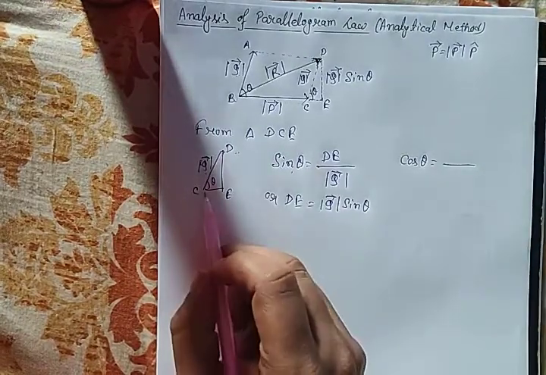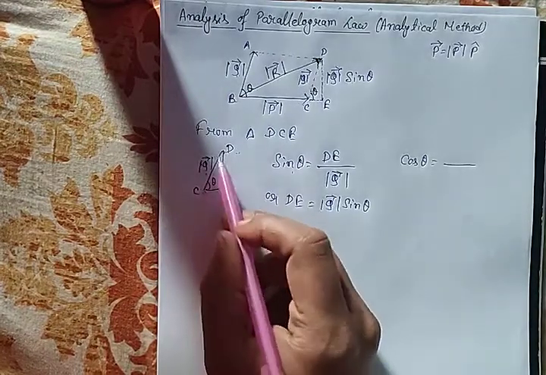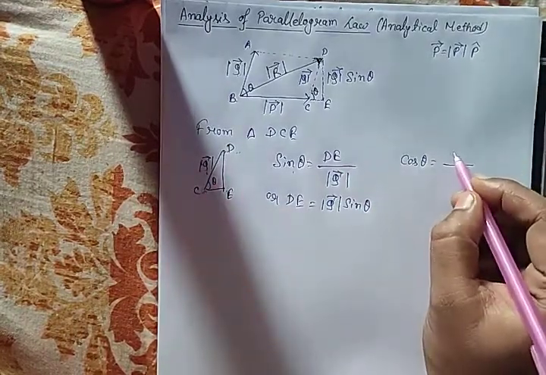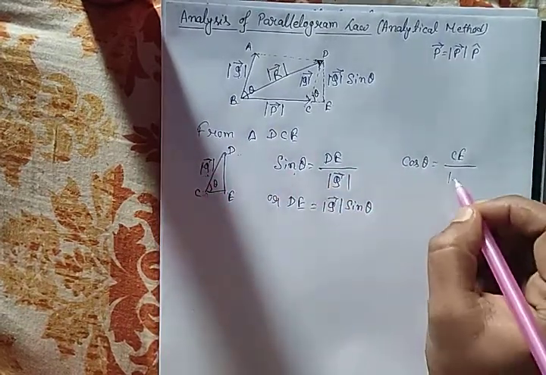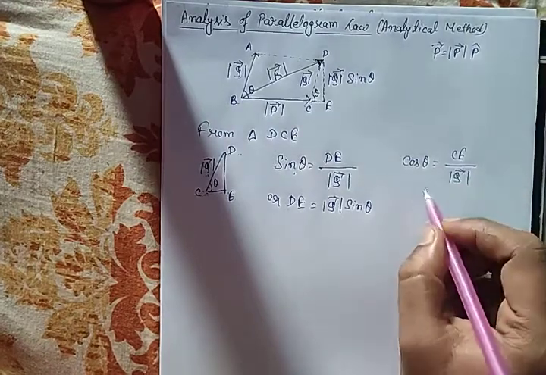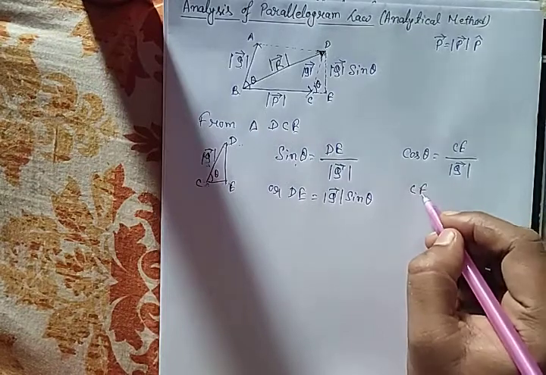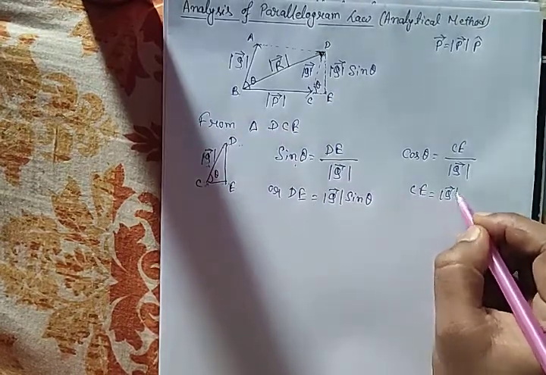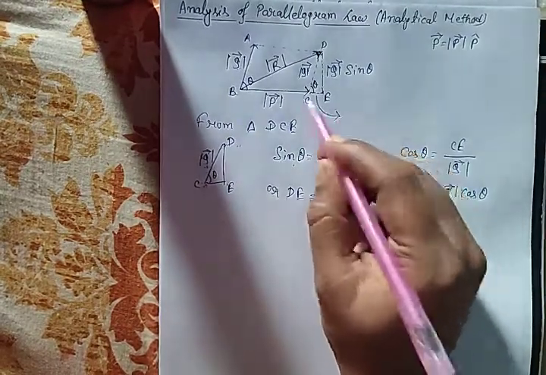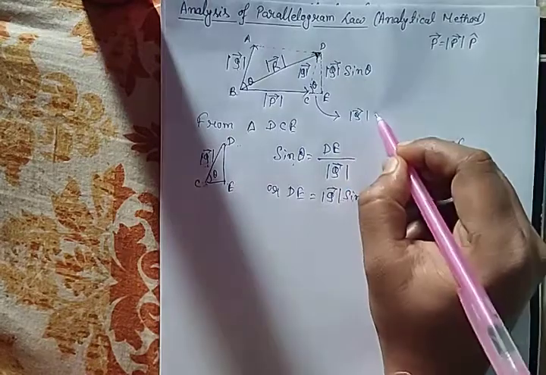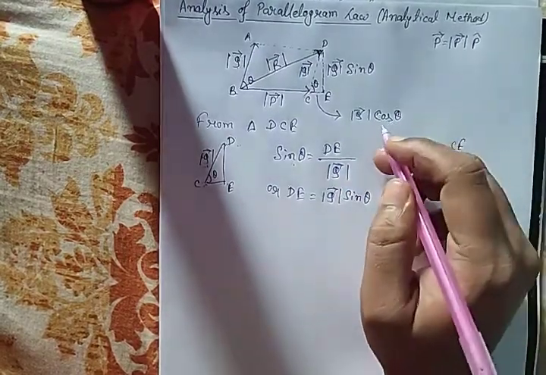The base is CE, and the hypotenuse is CD, and the value of CD is mod Q. So cos theta is equal to CE by mod of Q. Cross multiplying, CE is equal to mod Q cos theta. So we found out the value of CE: mod Q cos theta.